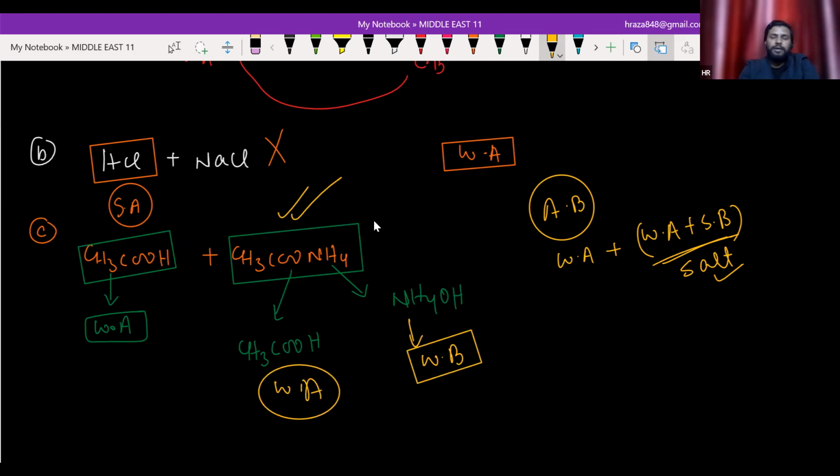So it's not a buffer solution, because according to acidic buffer, one should be the mixture of two solutions. We are always talking about a binary solution, a mixture of two solutions. One should be weak acid and another should be the conjugate base of the weak acid, either the conjugate base of weak acid or a salt of this acid with a strong base, and here what we got is a weak base. That's why it's not a buffer solution.